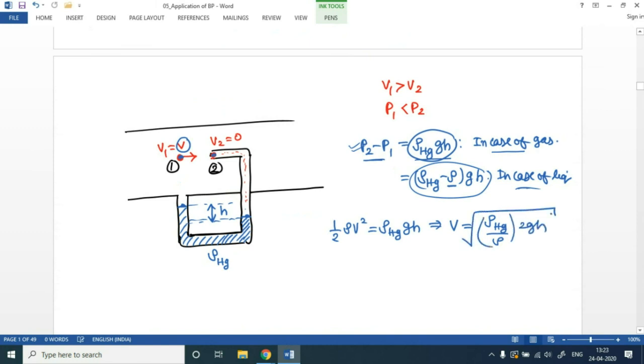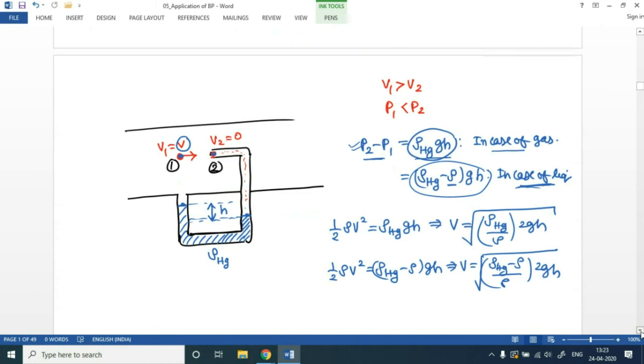And if we are using liquid, half rho v squared equals (rho Hg minus rho) into gh, so we get v equal to root under ((rho Hg minus rho) upon rho) into 2gh. That is how a Pitot tube works.